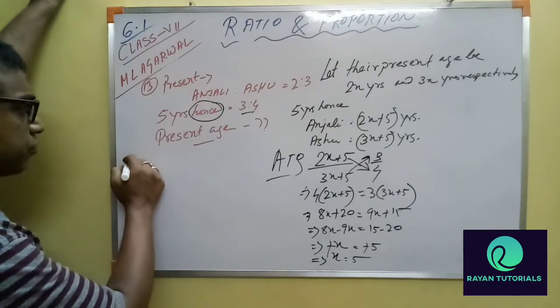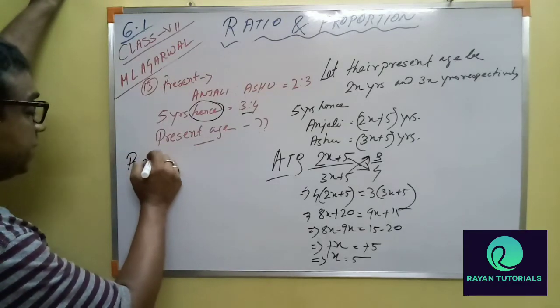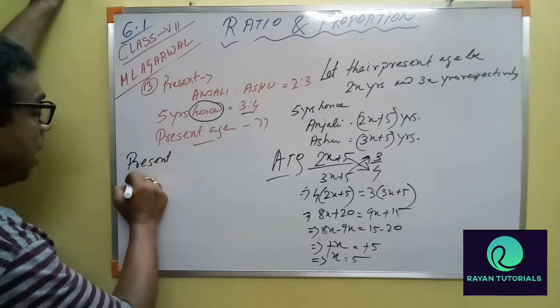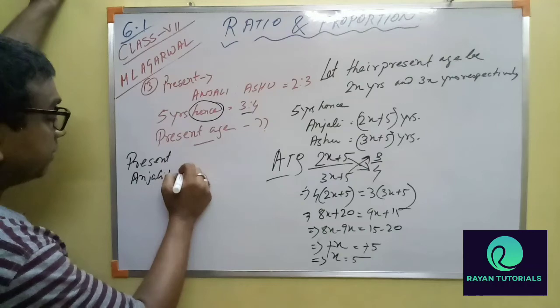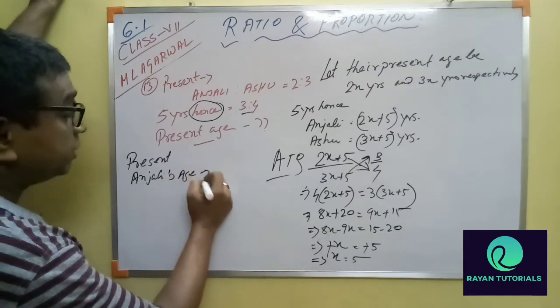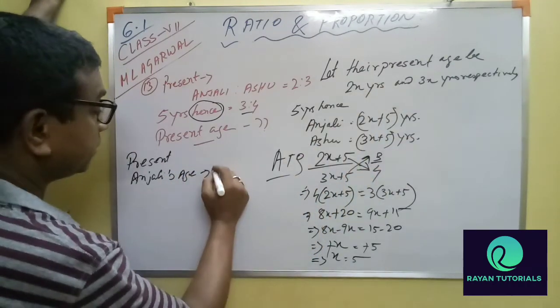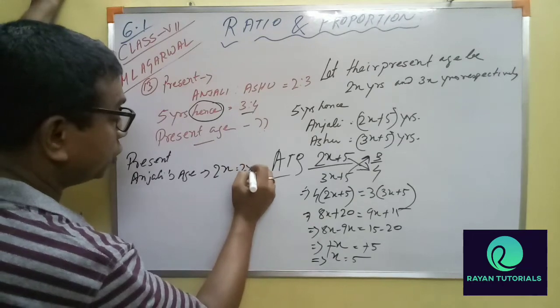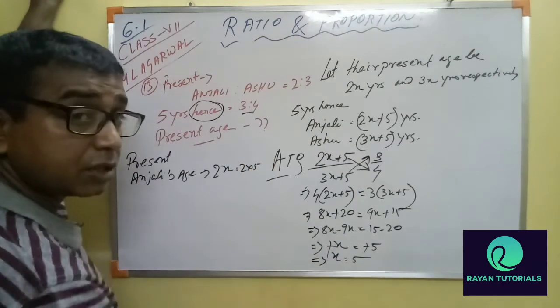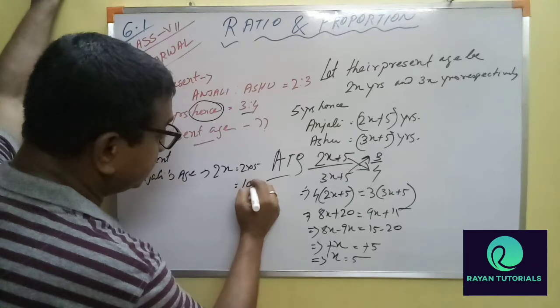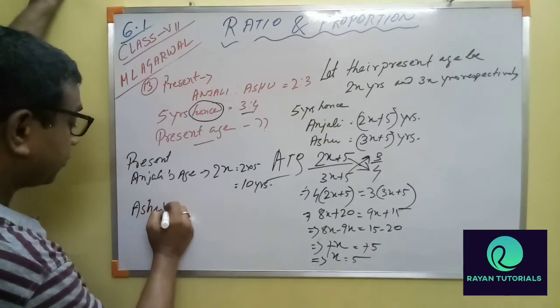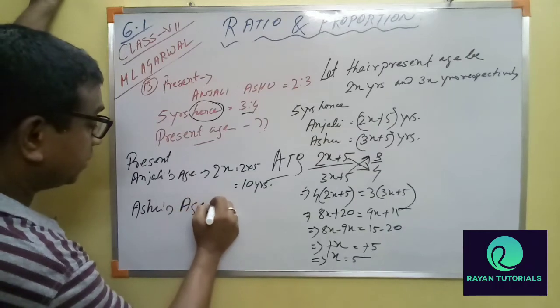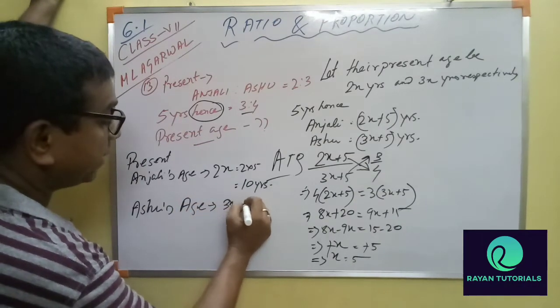Now present Anjali's age. How much? 2x. 2x means 2 into 5 because x is equal to 5. That means 10 years. And Anshu's age is 3x.